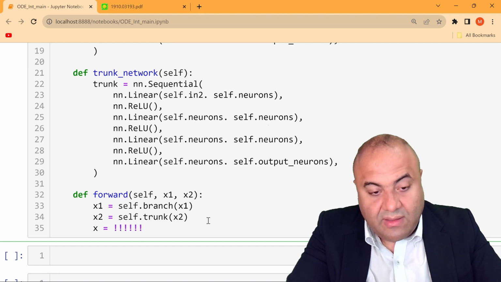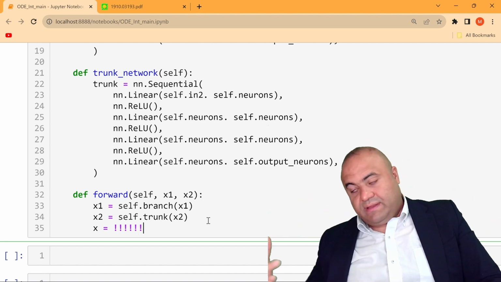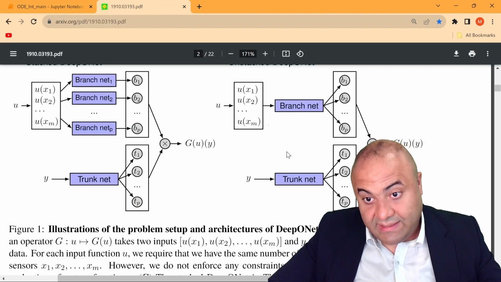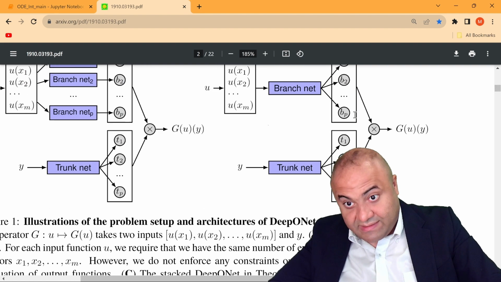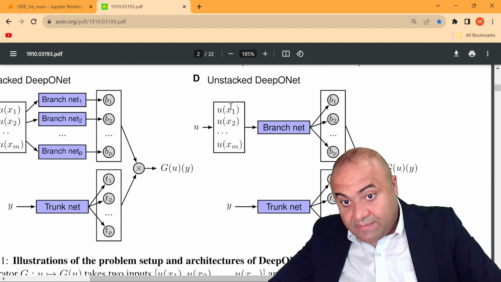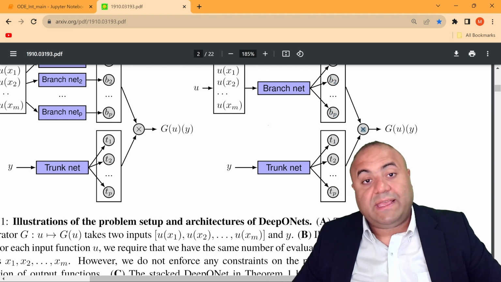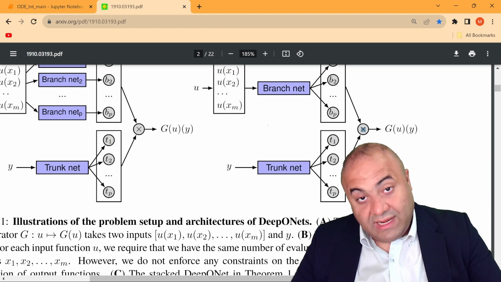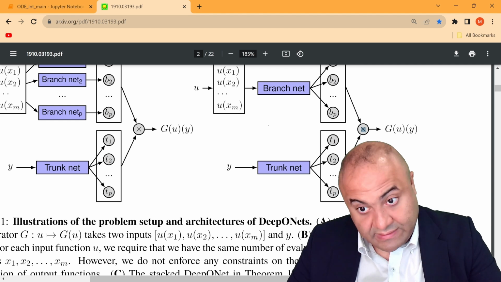Now the main idea for building the network is already finished. Here is the branch, we already explained it, and the trunk, we already explained it. Now here we have a multiplication, and we need to multiply the branch output neurons with the trunk output neurons.